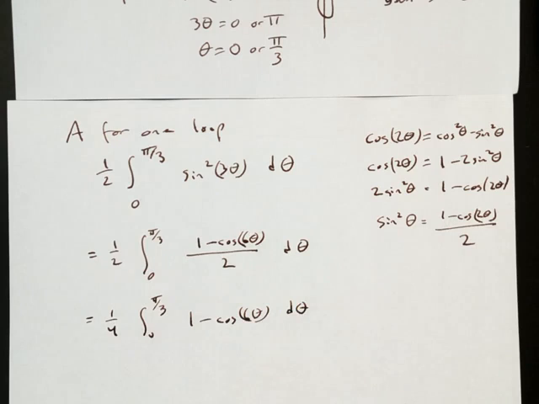What's my antiderivative? Leo? There's a u substitution there. u equals 6 theta. There's no 6 out in front, so I get a 1/6 instead.